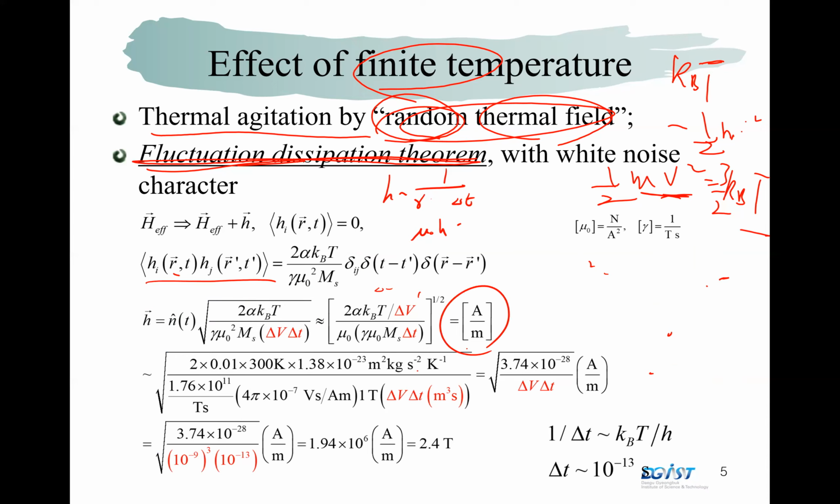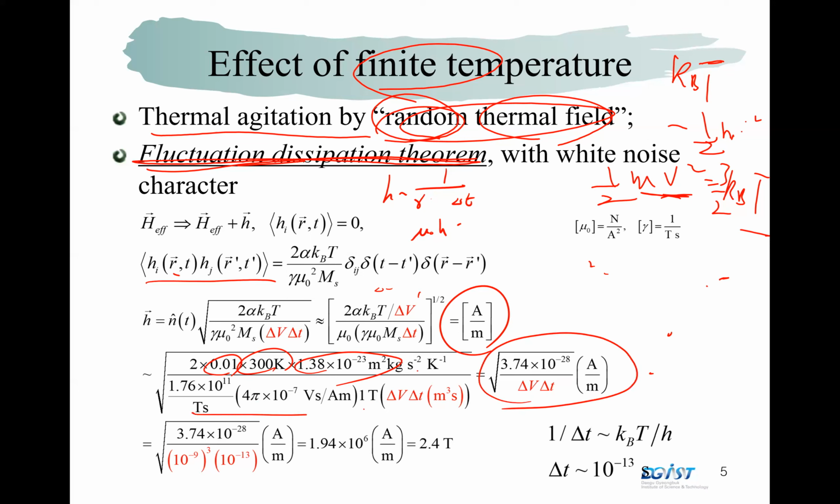So let's calculate the magnitude with typical numbers. We insert 0.01 for alpha and 300 Kelvin for the temperature, with the Boltzmann constant and the gamma value and so on. And now we have this number.